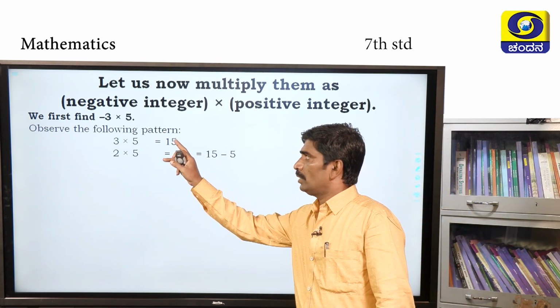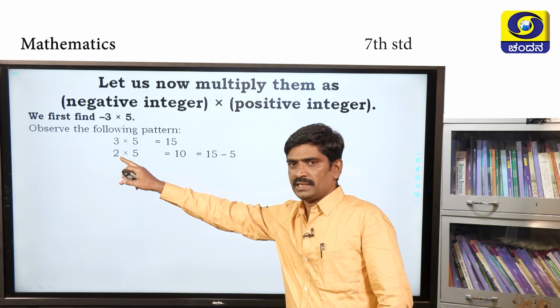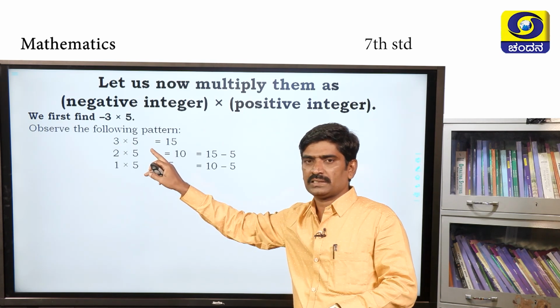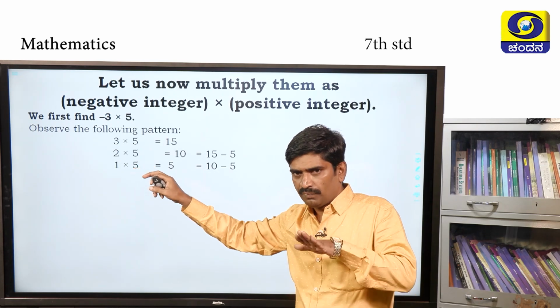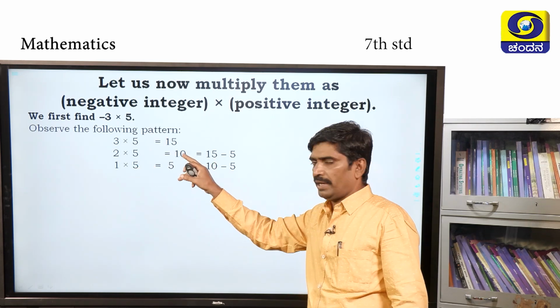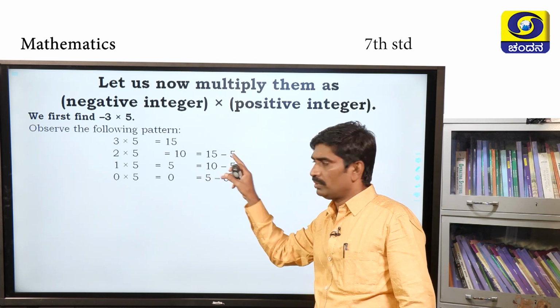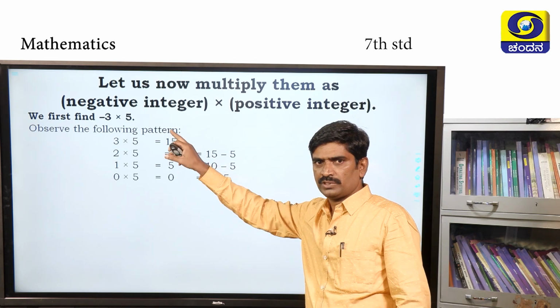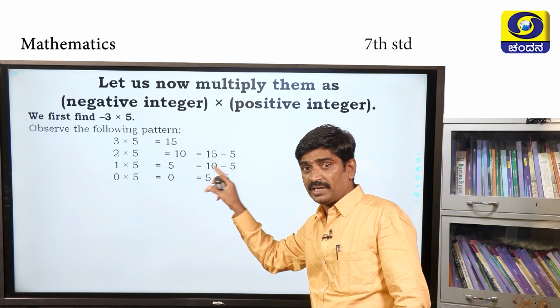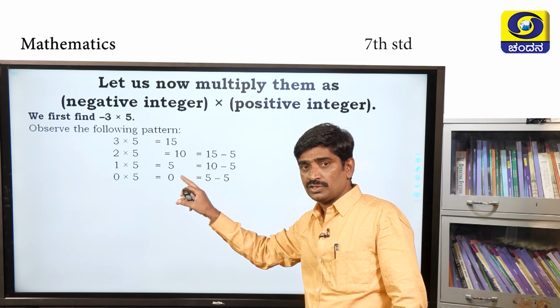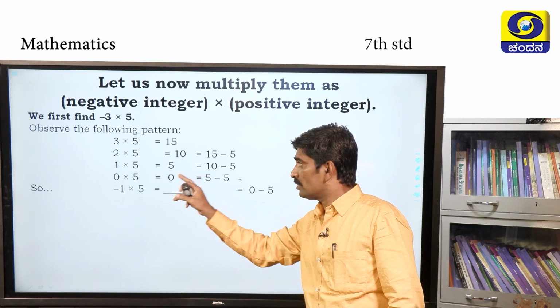Each time the multiplier is 1 less, so the product is 5 less. 15 minus 5 we get 10. Then 10 minus 5 is 5, and 5 minus 5 is 0.